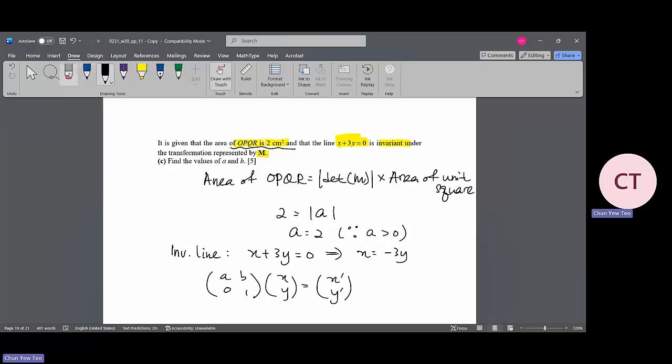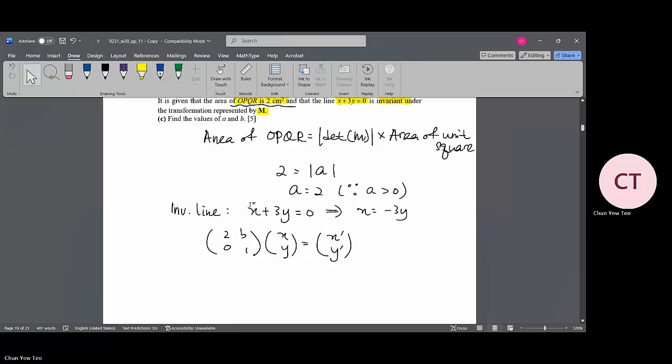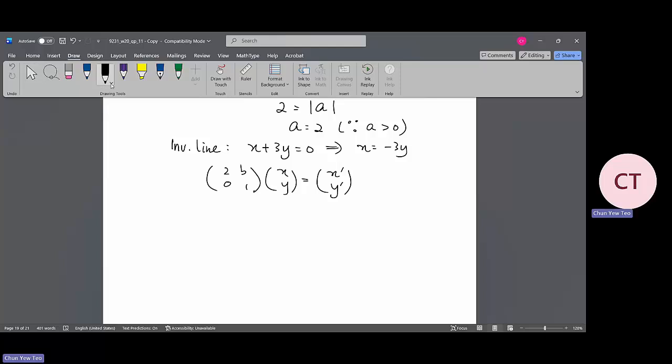Since we have found the value of A, we can change A here to 2. Before we expand, we make x become negative 3y, and y remains as y.